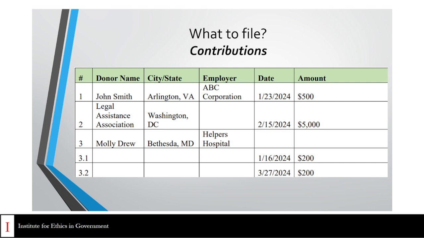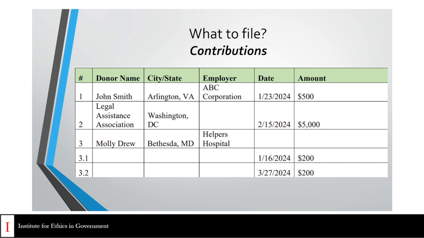In the contribution section, employee beneficiaries should report contributions of $250 or more made during the reporting period. You also must report contributions from a single donor of $250 or more in a single calendar year on the report filed on January 30th of the following year, unless they have been disclosed on a prior quarterly report. To illustrate, here's one example which appears on the form itself.